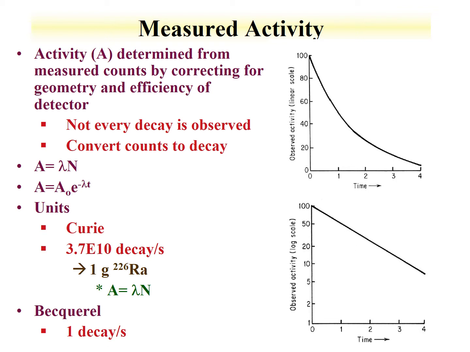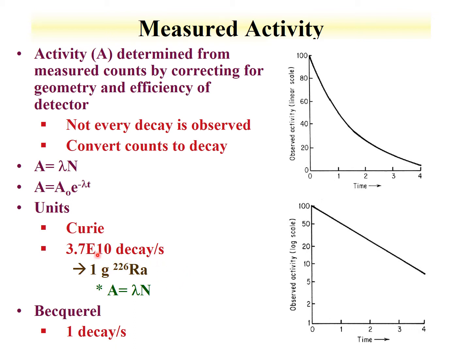And the units for activity: I already mentioned the becquerel, 1 decay per second. Another unit is the curie, which is 3.7 times 10 to the 10th decays per second. This is based upon 1 gram of radium-226.